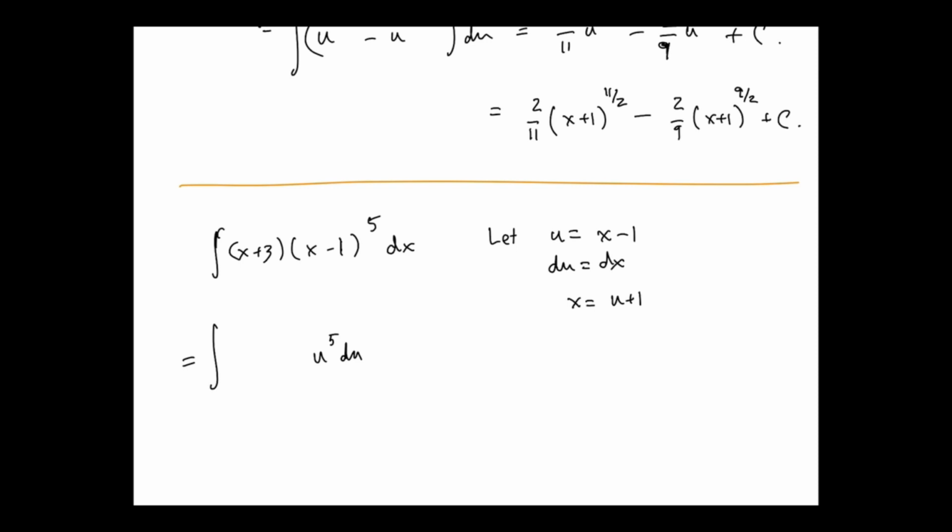All right, so what's x plus 3 become? Yeah, right? u plus 4. And now that we've got it in this form, like before, we can distribute everything to be u to the sixth plus 4u to the fifth, and then just integrate like usual.